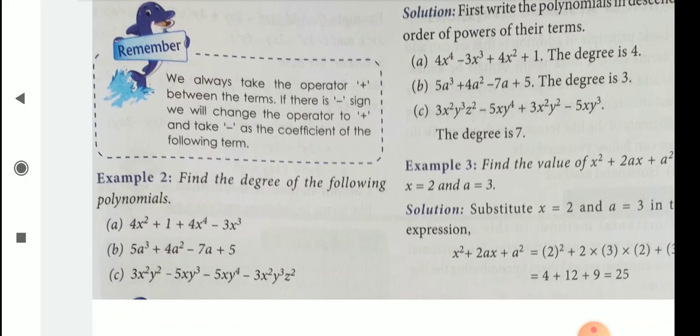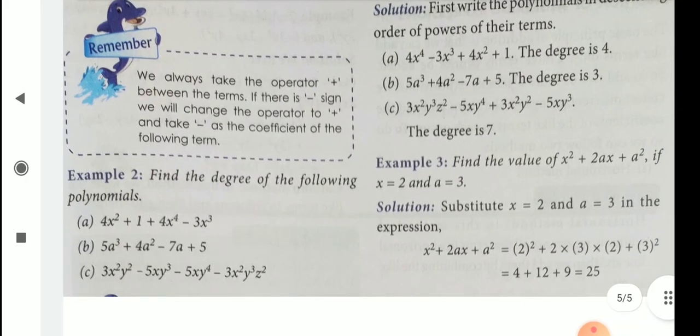Then you get your answer. So 3x square y cube z square, if you add, what do you get? 3 plus 2 plus 2 equal to 7. So 7 is the degree of this expression.